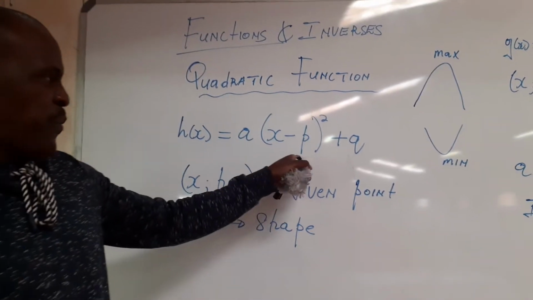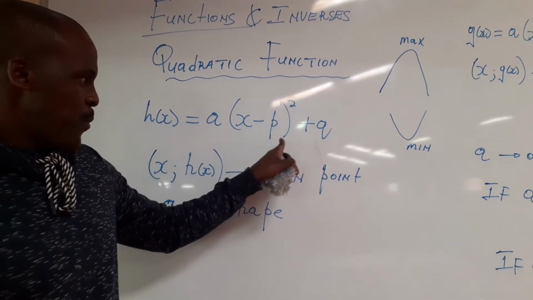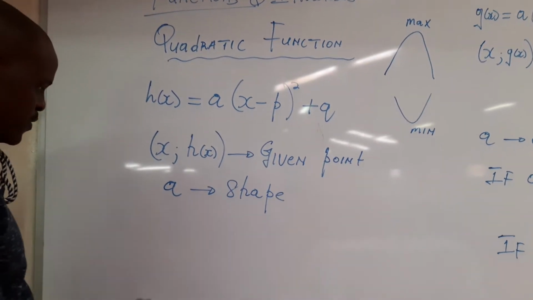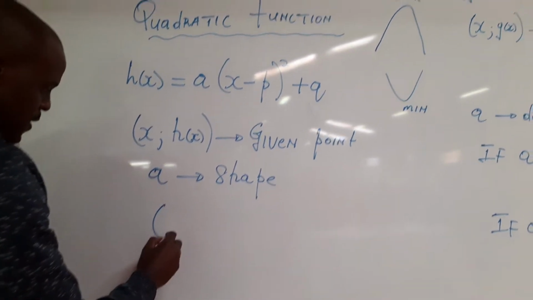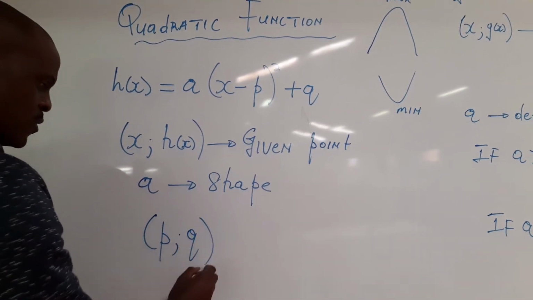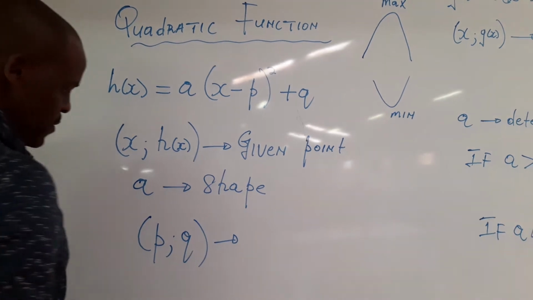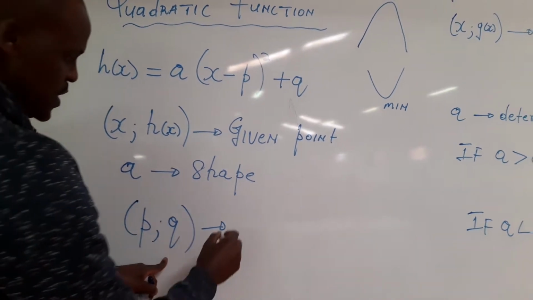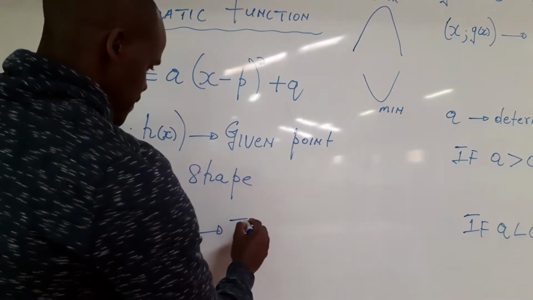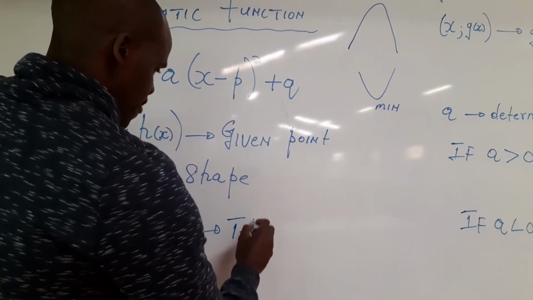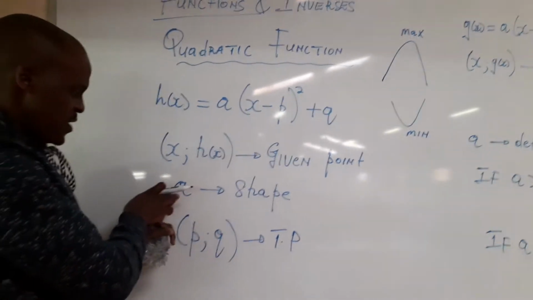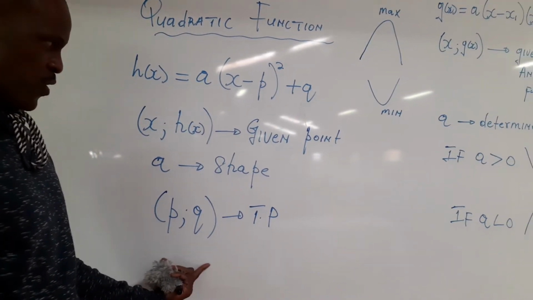We've got the value of p and q. P and q tell us about the maximum or minimum value. P, q is our turning point. So the given point, the value of a, and the turning point.